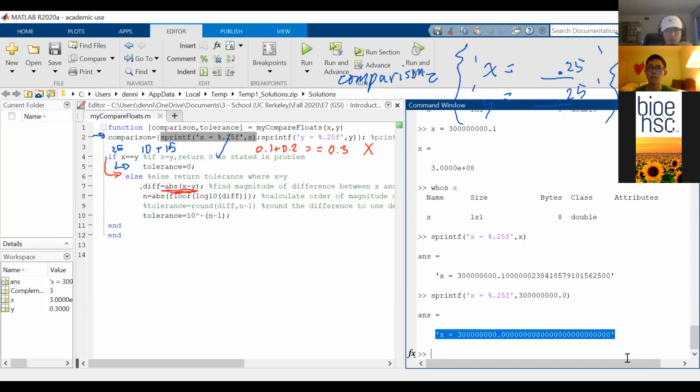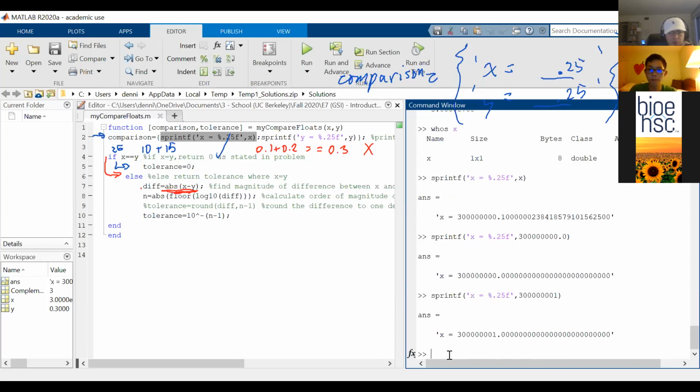This just has a bunch of zeros. But you see it with like 3 million.1, that kind of thing. Which is interesting. So that means that 300 million is not yet big enough to not be representable within the binary space. I wonder how big you need to get. Huh, that's interesting.